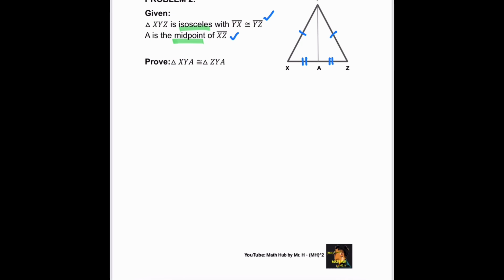So if you're going to go back to the very first statement, it says that triangle XYZ is an isosceles triangle. So since these two sides are congruent by definition of isosceles triangle, definitely these two angles right here, which are the base angles of isosceles triangle, they are also congruent, right?